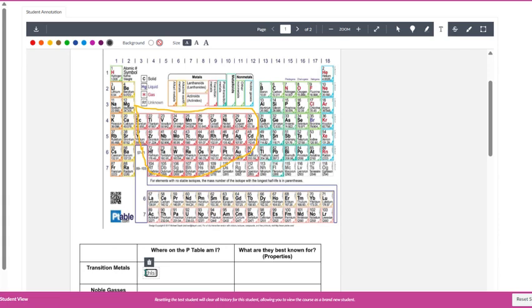This is the middle of the periodic table. These are metals. What are they known for? Well, some properties, and these are some really big properties. They're really good at conducting electricity. They're really good at conducting heat.